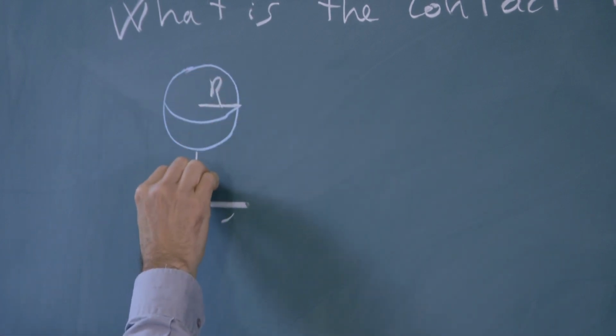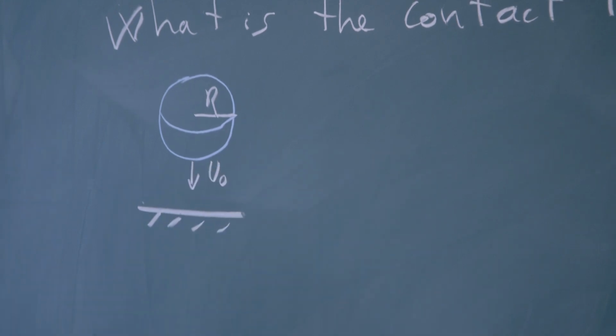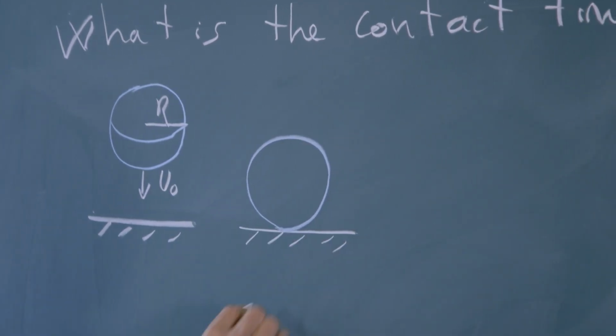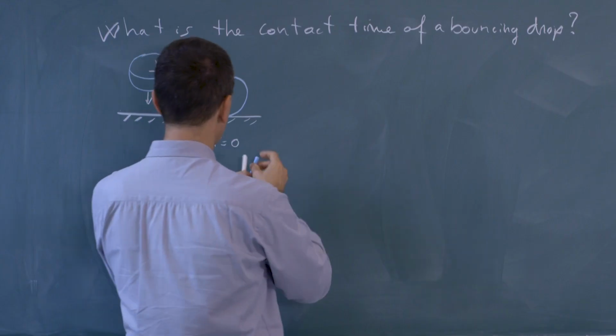The drop has a radius r and an incoming velocity u0. It touches the surface at t equals 0. So this is when it first touches the solid surface.